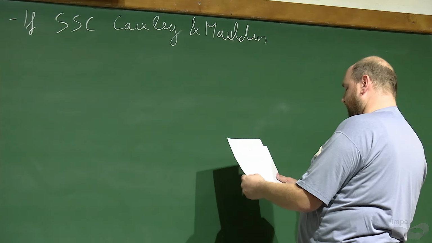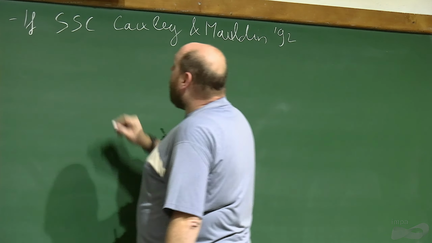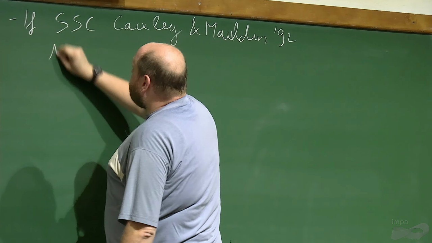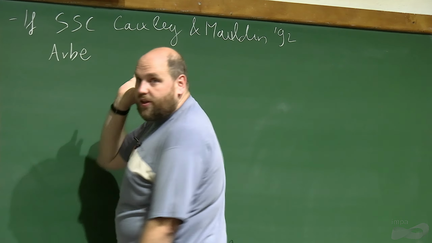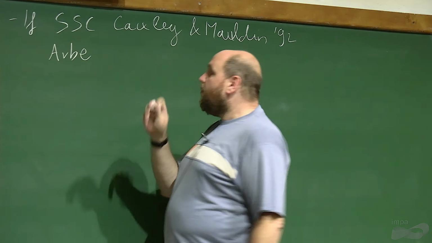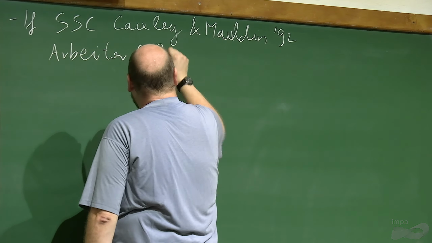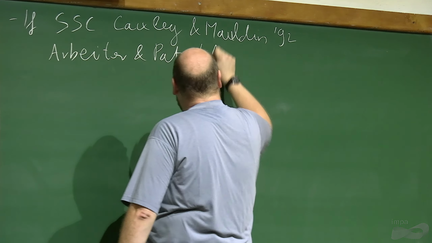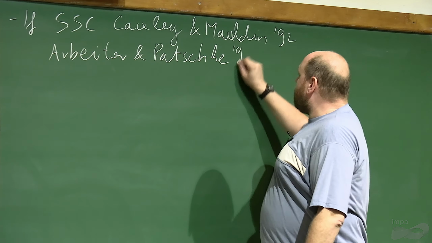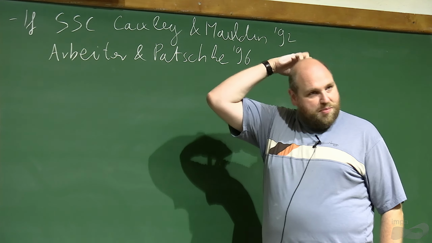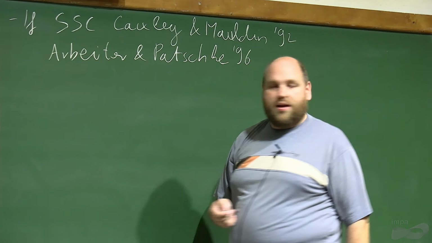I forgot to write the date, but I think '92. And it was also generalized a little bit further for the open set condition. If you don't know what the open set condition is, ignore it. But it was further generalized by Arbeiter and Patzschke. And the answer is very nice, and at that time was quite surprising, and I think some people also called this the multifractal miracle.